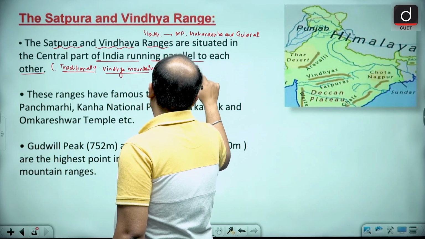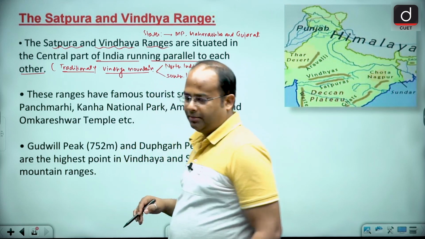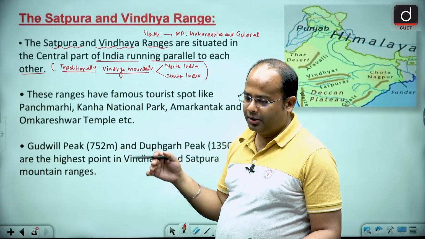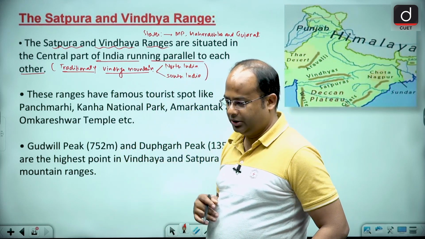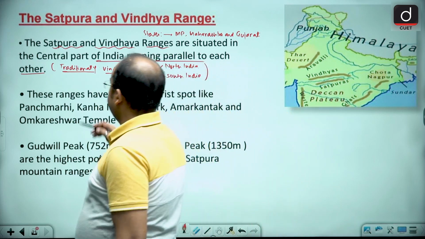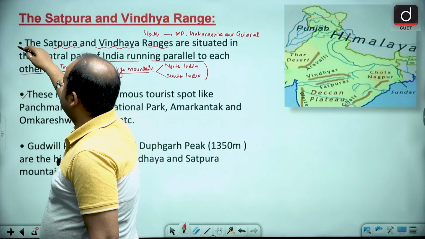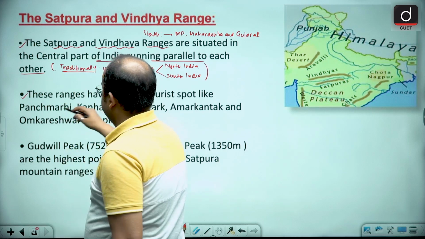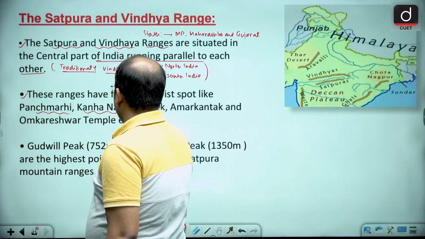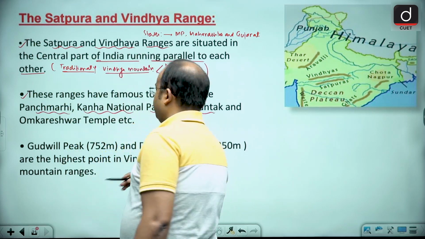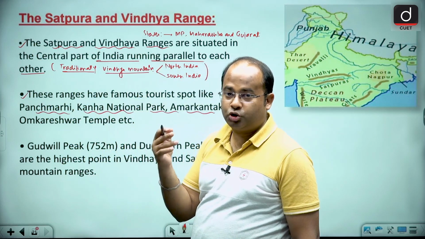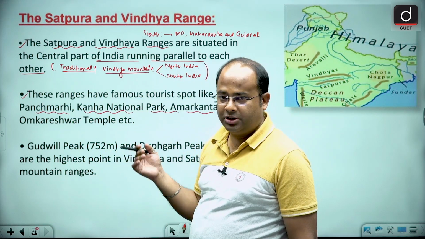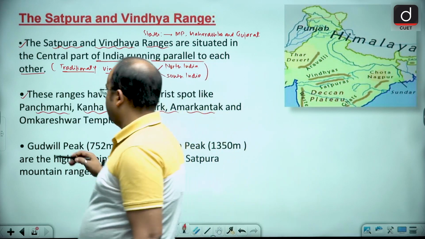Both Vindhya and Satpura are famous for tourist spots like Pachmarhi, Kanha National Park, and Amarkantak. At Amarkantak you will find the origin of the Son and the origin of the Narmada.